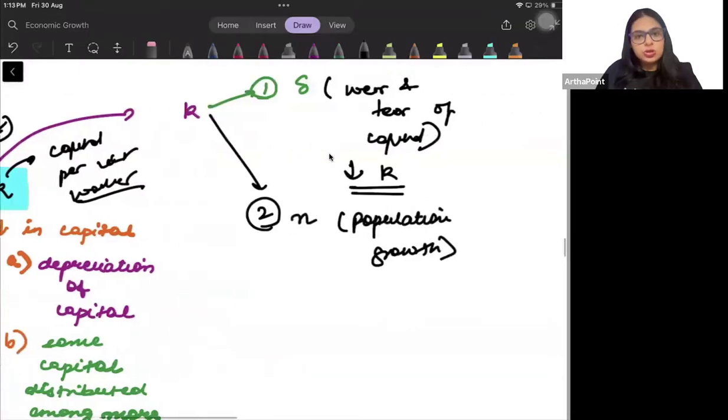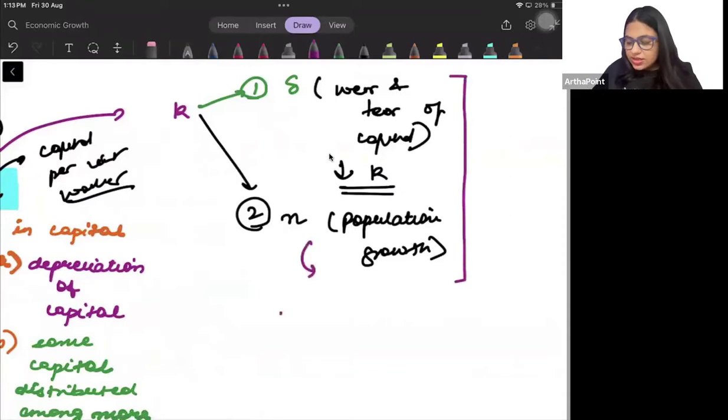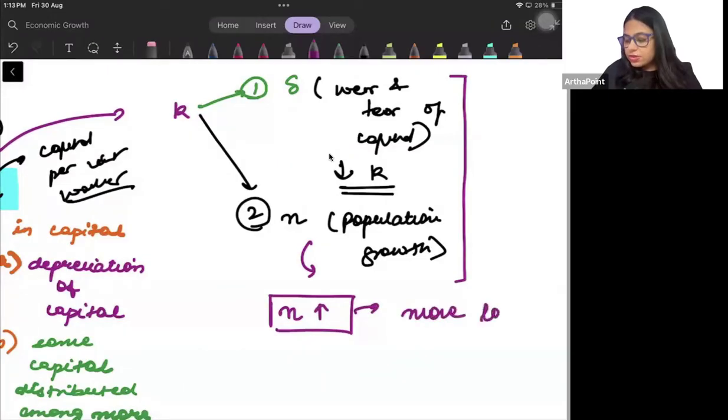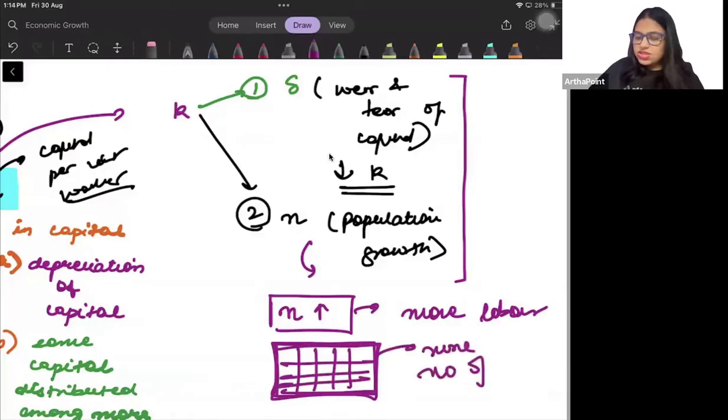So what this says is that when population will grow, जब population बढ़ेगी, it means that there will be more labor. So whatever will be our capital, whatever will be our machines, it needs to be distributed among more number of people. You see this?